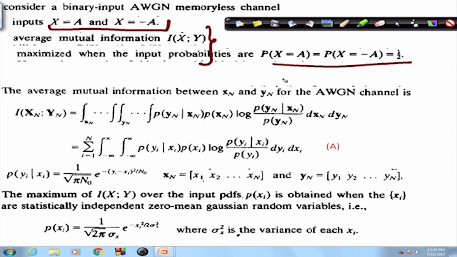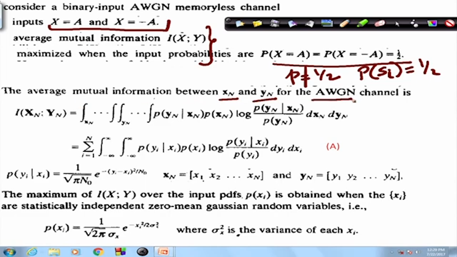Okay. We are not saying P is equal to half, mind it. We are saying that the probability of selecting the source symbols is half. These are two very different things. Okay. And the average mutual information between the input vector and the output vector in an AWGN.